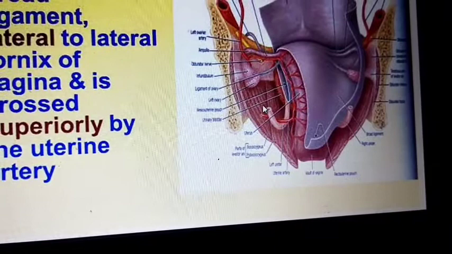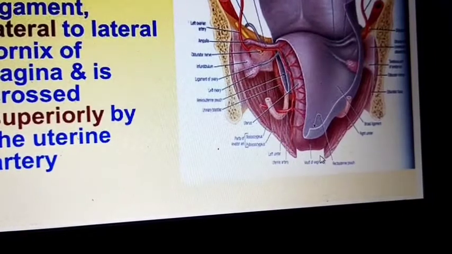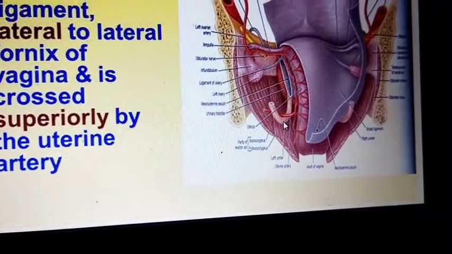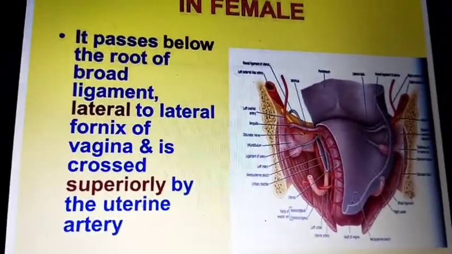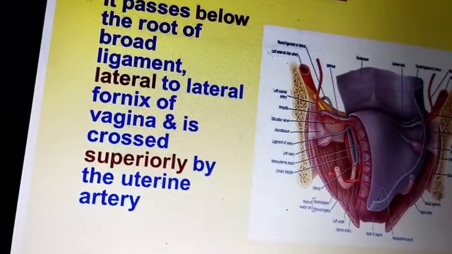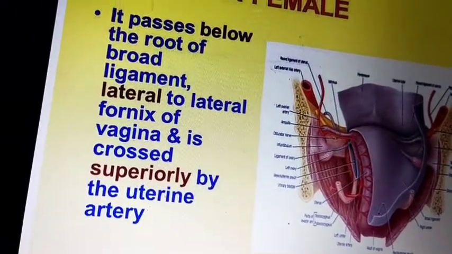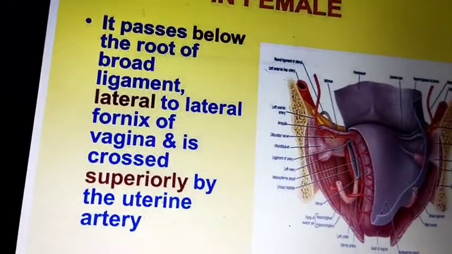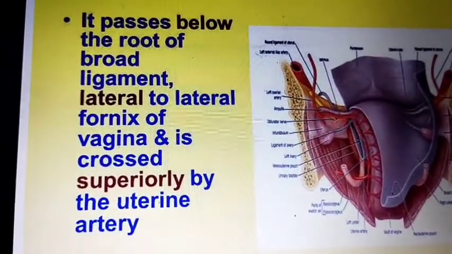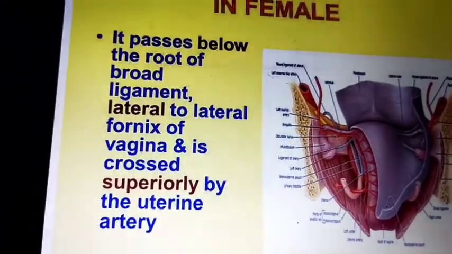The uterine artery crosses the ureter, and sometimes when we go for dissection of the cervix, there is cutting of or injury to this ureter. It passes below the root of the broad ligament, lateral to the lateral fornix of the vagina, and is crossed superiorly by the uterine artery.